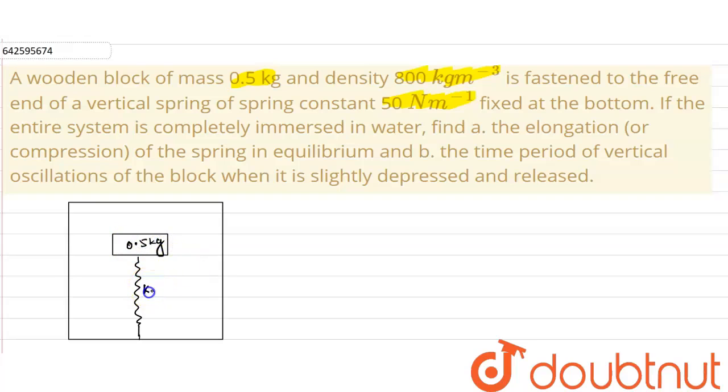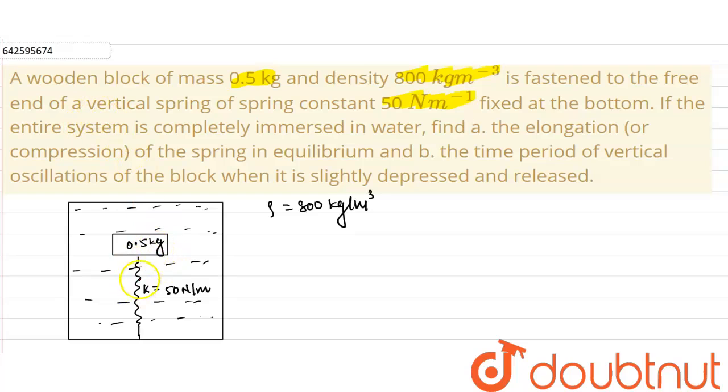The spring constant K of the spring is 50 newtons per meter, and the density of the block is 800 kg per meter cube. Now the whole system is filled with water. At equilibrium we have been asked what will be the elongation or compression in the spring.